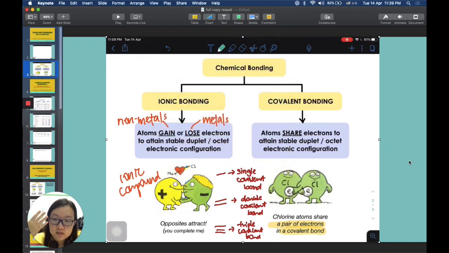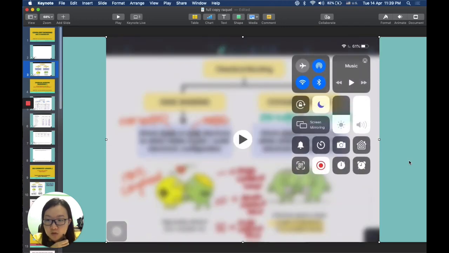Finally, a triple covalent bond, for the nitrogen molecule for instance, has 6 electrons shared. Covalent bonding is between 2 non-metals. Let's move on to the next part.